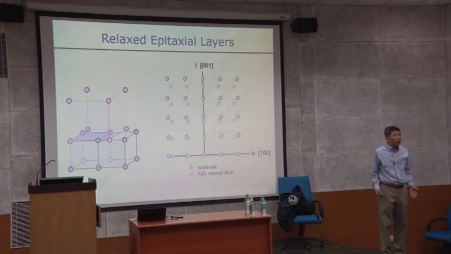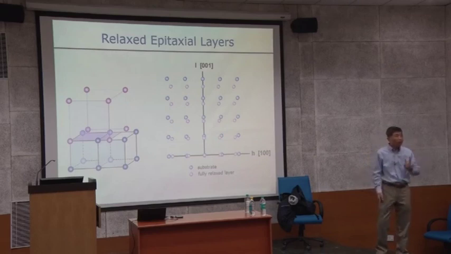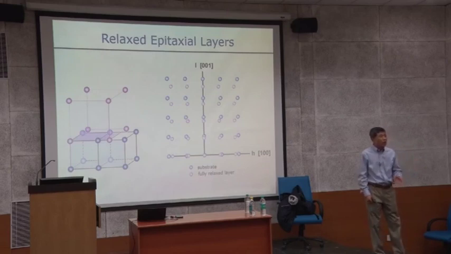So in order to access this, I want to access the 101 reflection. This one is the 001 reflection. Looking at the 001 reflection, you have no idea coherent or incoherent.